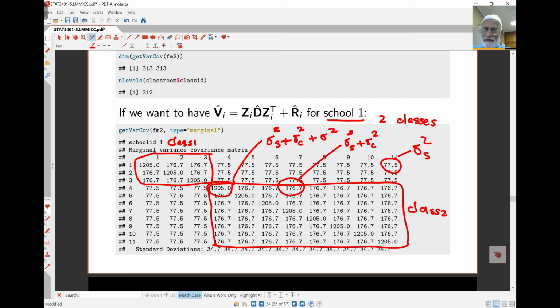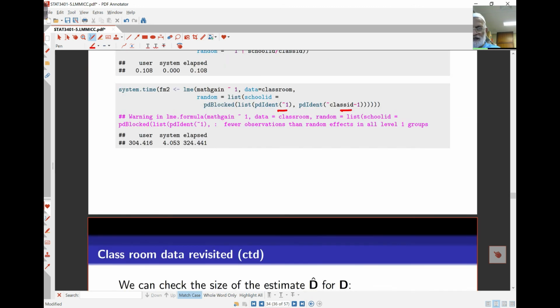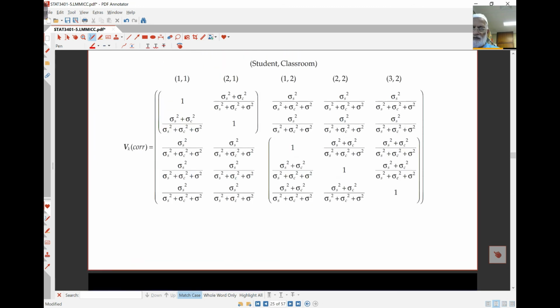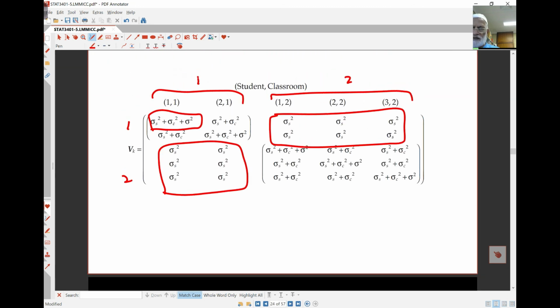This is the same as the structure we saw earlier when we looked at the variance covariance matrix a little while ago. Let me go back and show you the slide. And here's the slide we're looking at. So you've got class 1 and class 2. This is the overall variance term, the sum of the variances of school and classroom, and then just school over there.